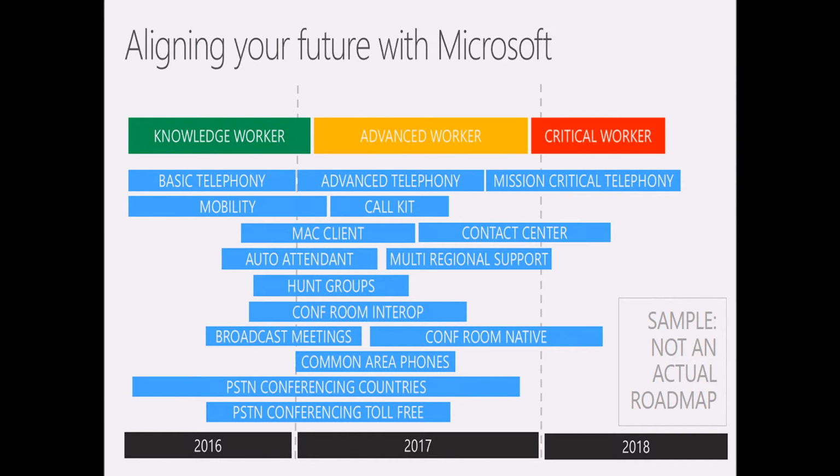But here's the interesting part about this: about 80% of your users are knowledge workers. They have very little requirement. They could have mobility, very simple features, which means you can move those now. You do not have to wait till 2017 for a new feature. You could spend all of your time moving those users now, and when those features show up, great, we'll get them to you.